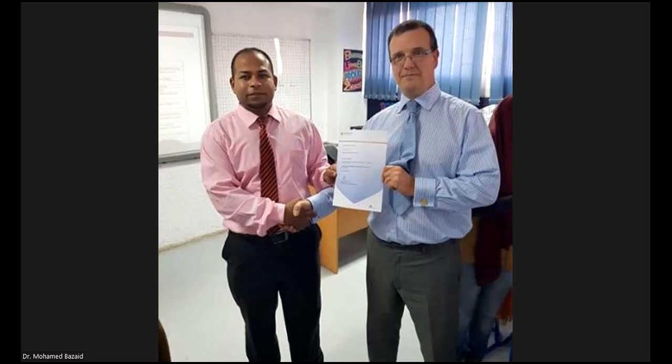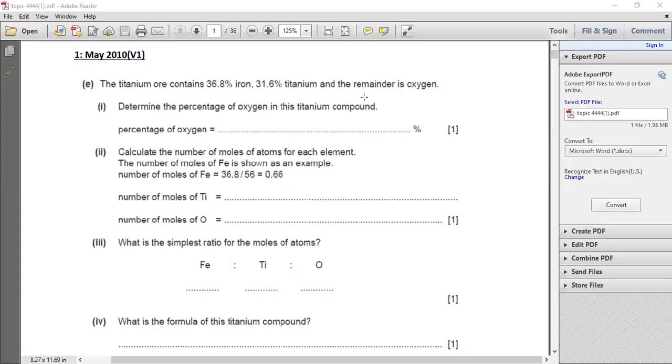I will discuss with you the following. This is the question. In this question, we will discuss together using the first triangle. How can you use the first triangle, and how can you find the empirical formula?